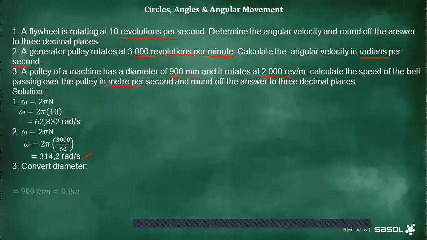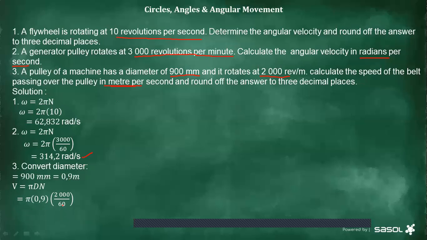Convert the diameter first, meaning 900 millimeter to meters is going to be equal to 0.9 meters. And then we write the correct formula for circumferential or peripheral velocity because we are calculating the speed, and we also explain what the circumferential or peripheral is. Then we substitute, because this revolution per minute, we have to convert to per second by dividing with 60.